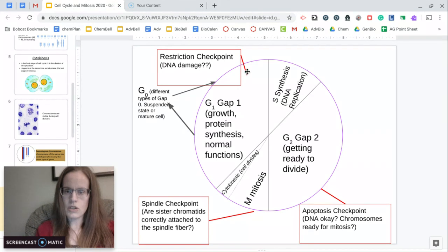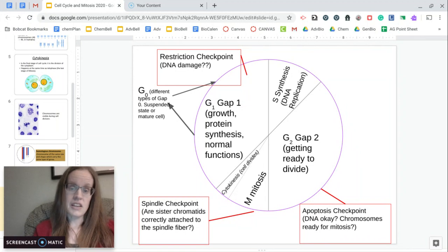Your other cells, though, are going to go on, and at some point, eventually, they're going to do DNA replication. But there are little checkpoints in here. There's a checkpoint where your cell stops and checks the DNA and makes sure that there's not any damage. If there's damage, the cell might kill itself. It's called apoptosis.